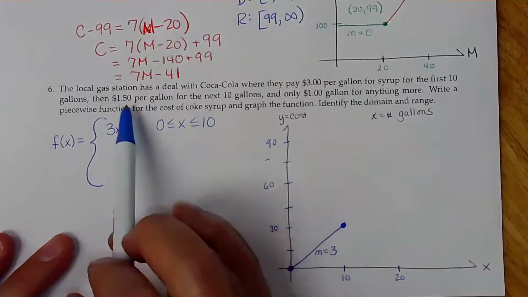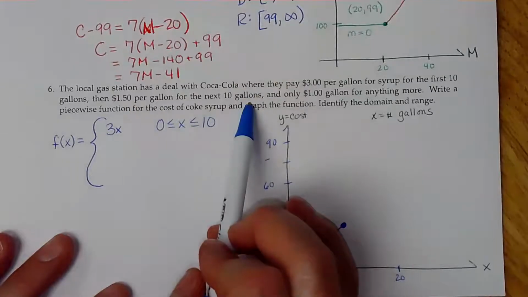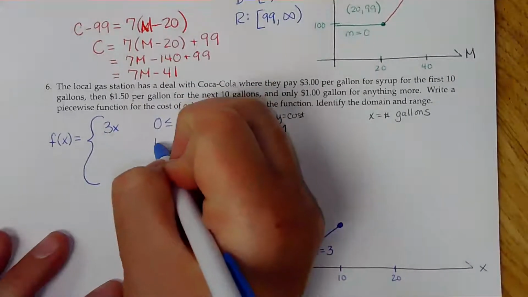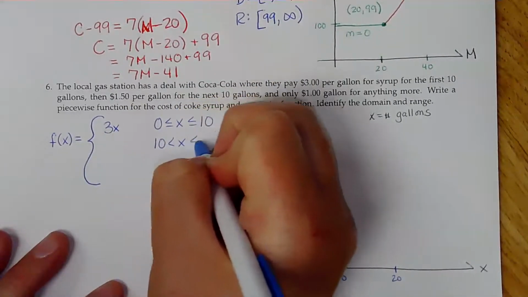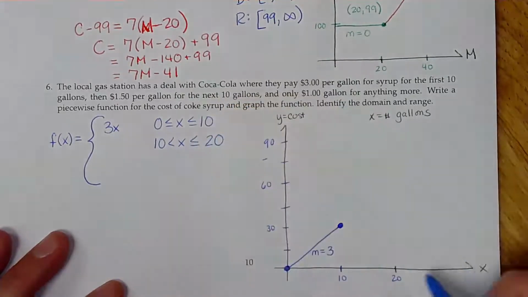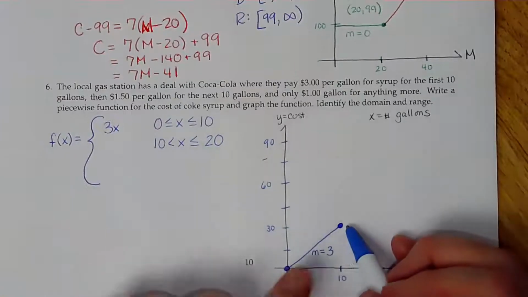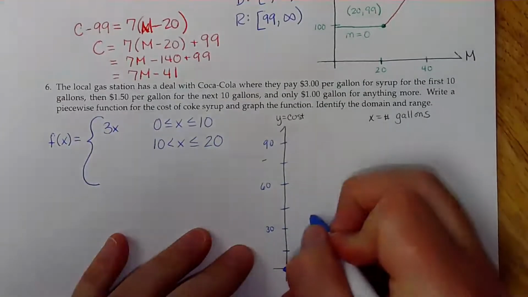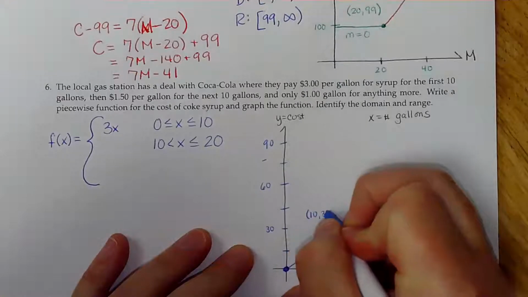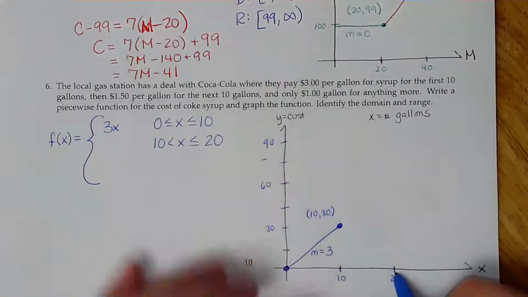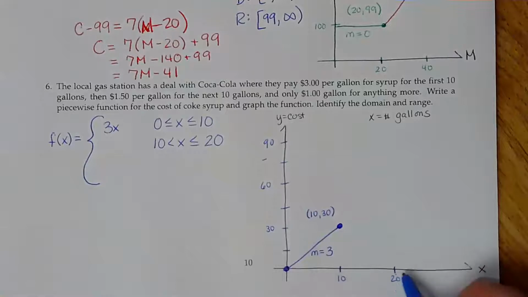And then this next rule goes for the next 10 gallons, so it's going to go from 10 all the way up to 20. And it's going to cost us $1.50 per gallon. So I want to figure out, we're at 30 right now, so this point here is (10, 30). But buy 10 more gallons, that puts me at 20 gallons. I want to figure out how much that total cost is going to be.